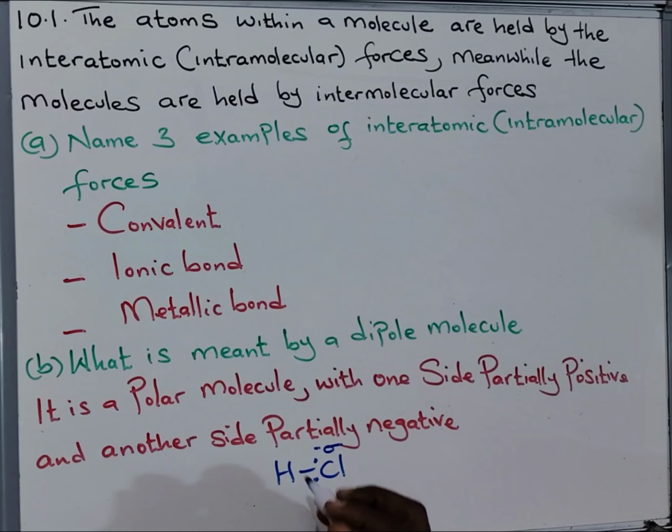And where electrons are coming from, it becomes partially positive. So a molecule like this one is called a dipole molecule. Di means that it has 2 polarities at either side.